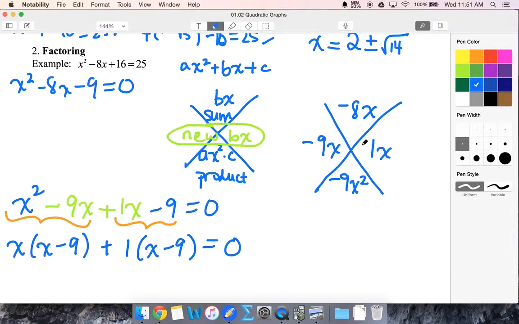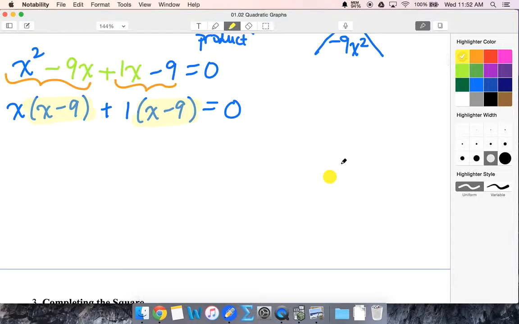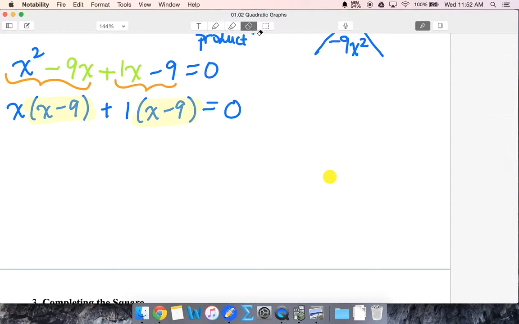Now I have another common factor, and I have a common factor for the whole left side here. That common factor is x minus 9. So if I'm factoring out, I'm thinking what can I multiply so that I'll have another true statement?